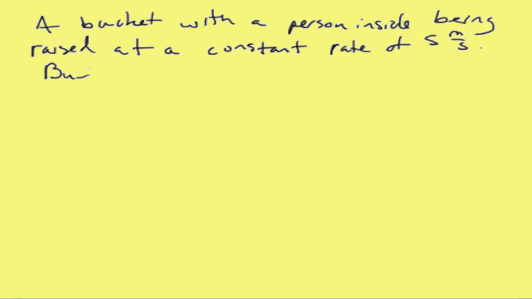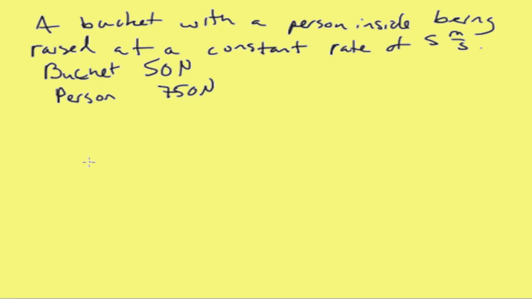The weight of the bucket is 50 newtons and the weight of the person is 750 newtons. Now what we need to do is determine the tension in the rope.